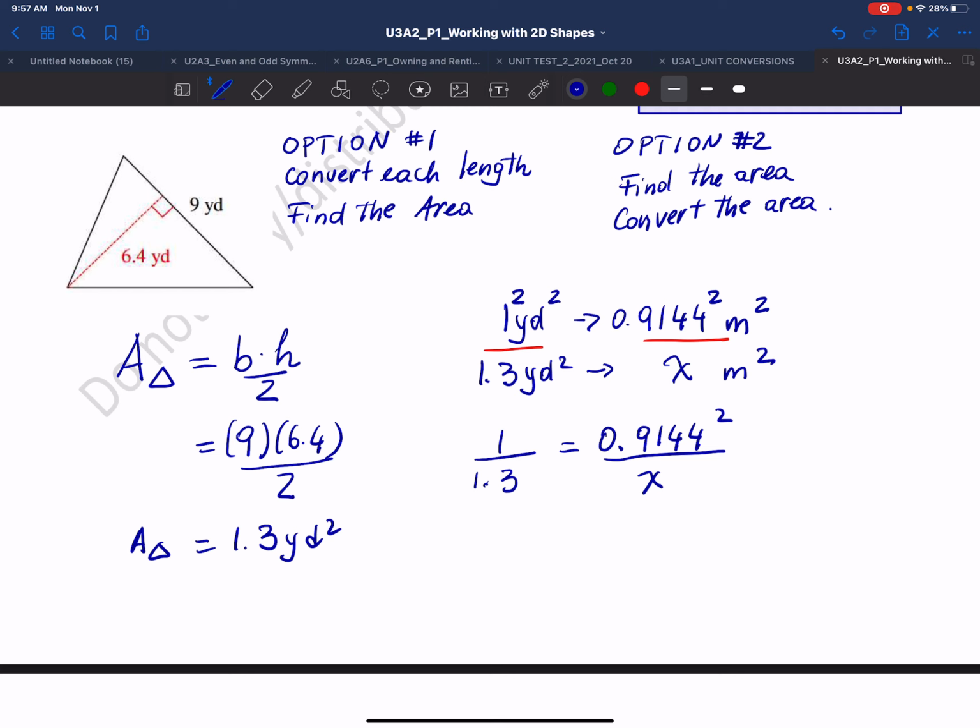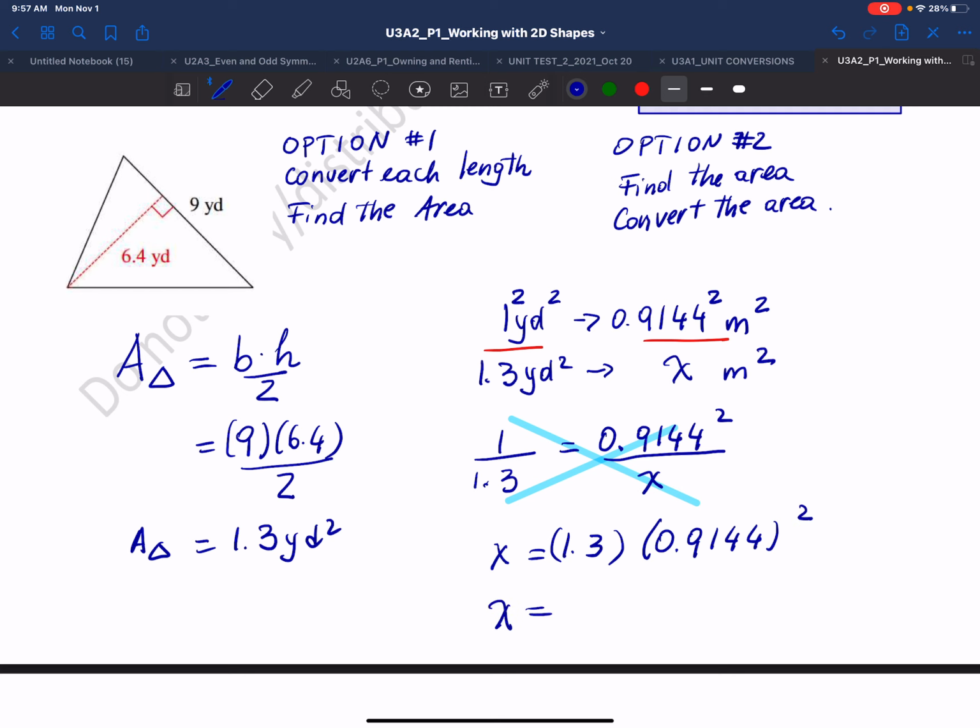And let's do it differently than we did in the previous question. And we multiply x by 1, and then 1.3 by 0.9144 squared.